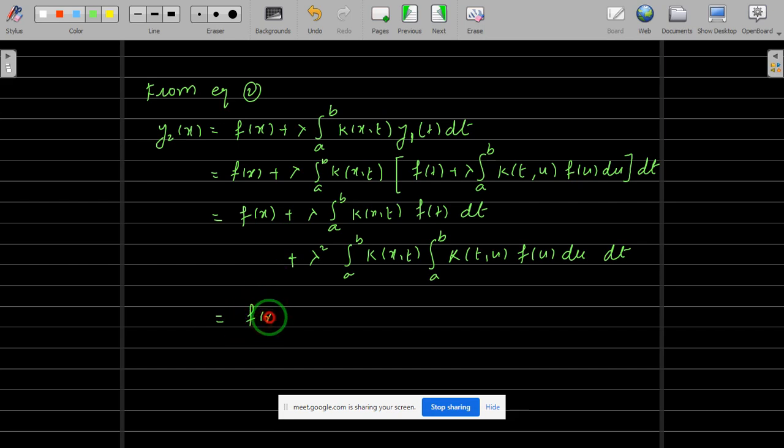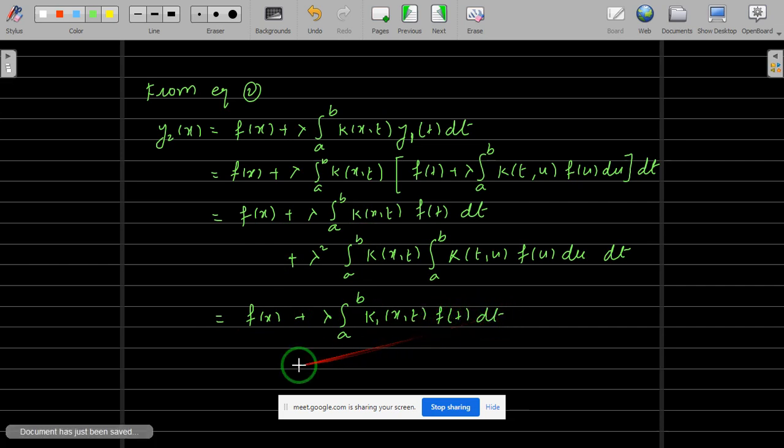So this is f(x) plus, you keep this like this, lambda integral from a to b k1(x,t) f(t) dt, k1, plus this lambda square integral a to b, we will use k2(x,t) f(t) dt.